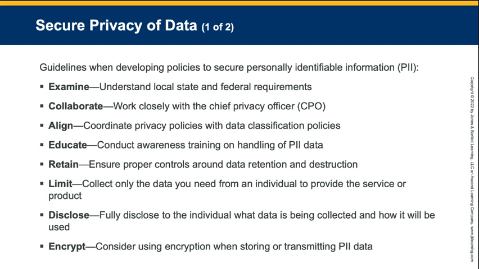Limitation of data. This is more to access. Disclose. You need to be able to disclose to the customer, for example, to the individual, why the data is being collected and what it's used for. And lastly, encrypt. Encryption is very important.